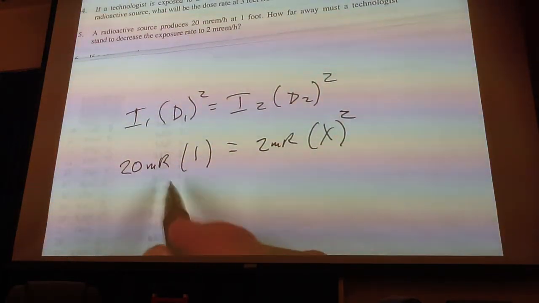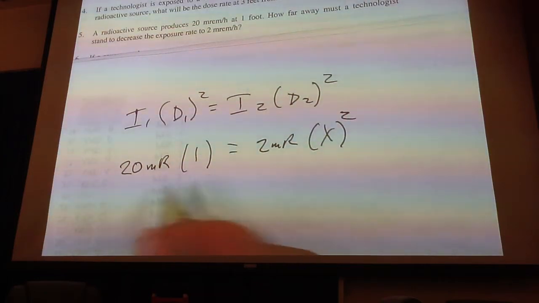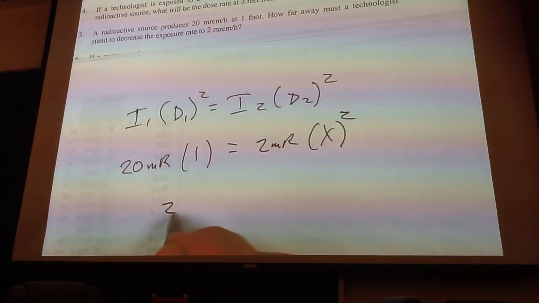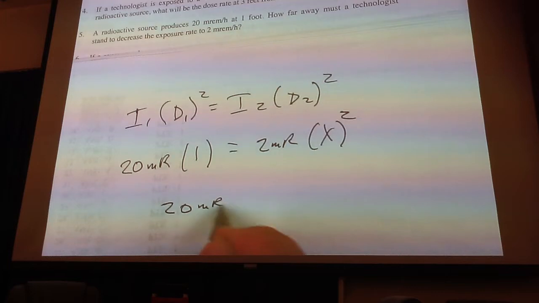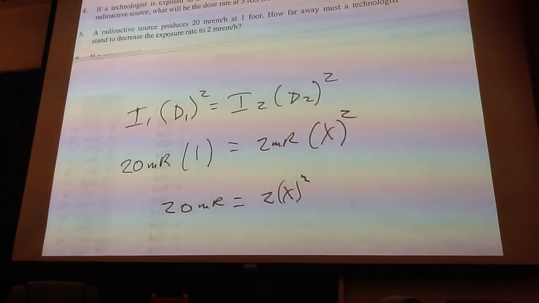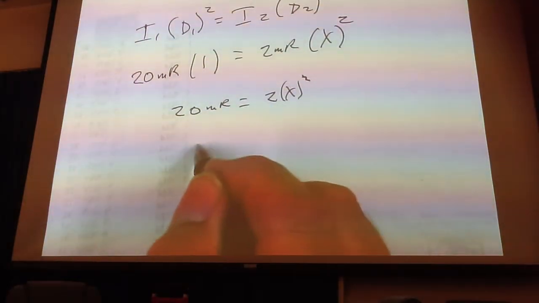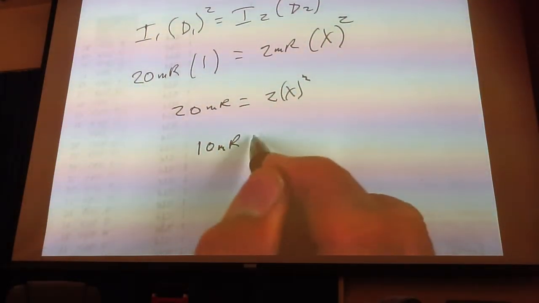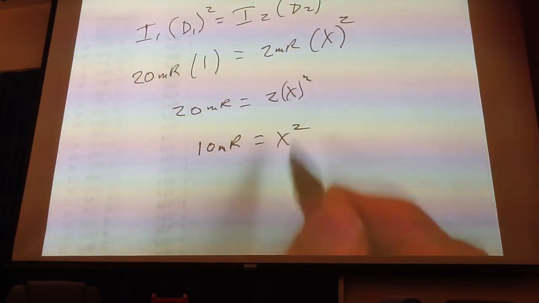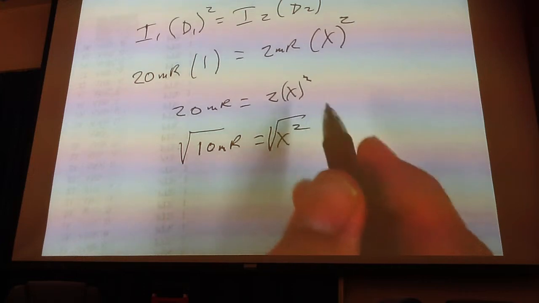Okay, so basically you can divide both sides by 2, or you have 20 mR equals 2x squared. Basically divide both sides by 2, you have 10 mR equals x squared, and then you'd have to take the square root of both of those to find out what x is, so about 3.3 feet.